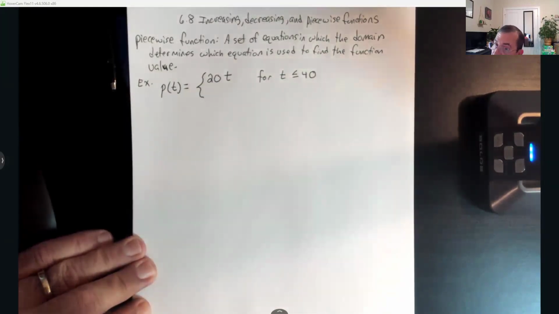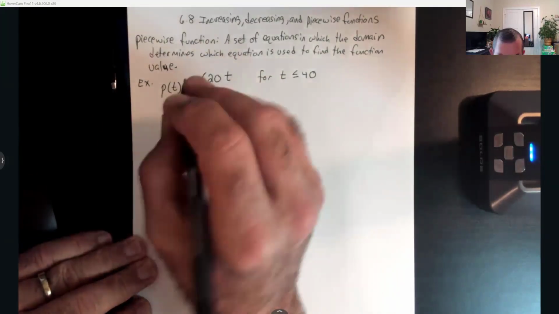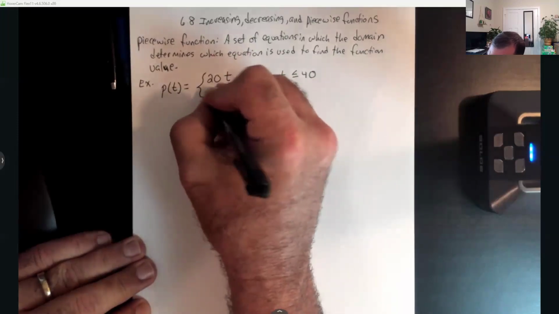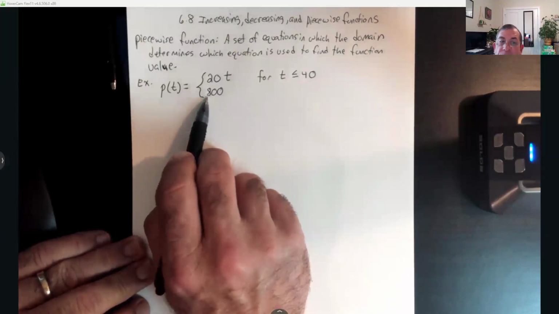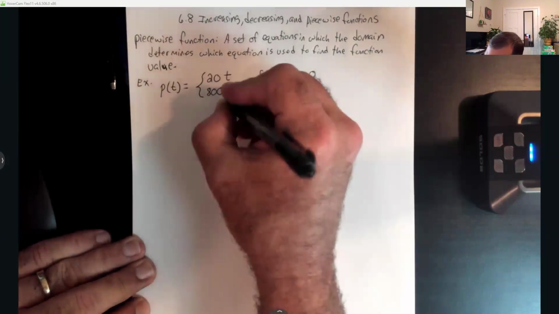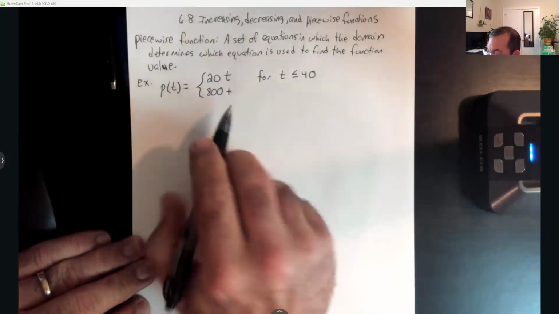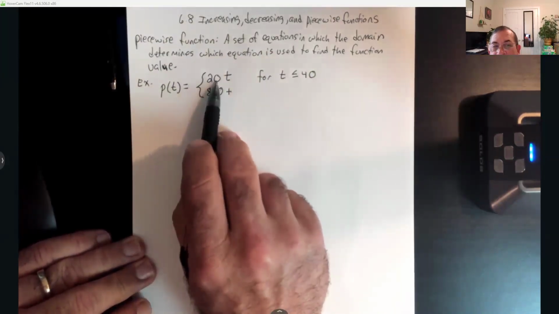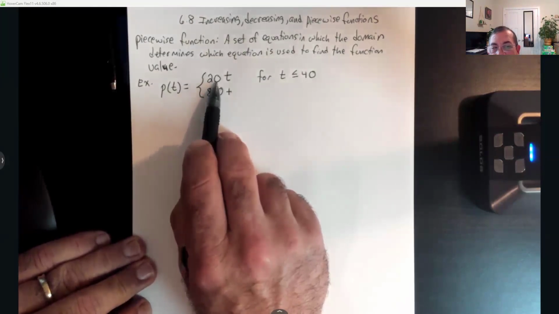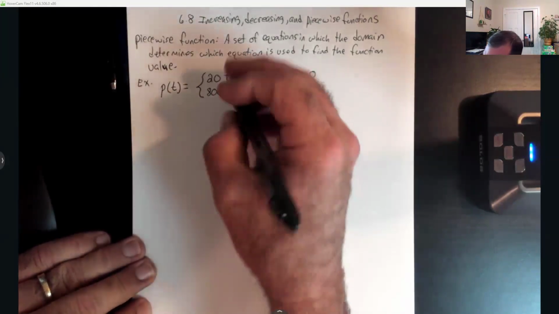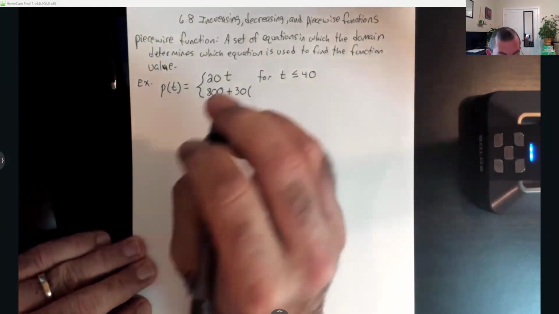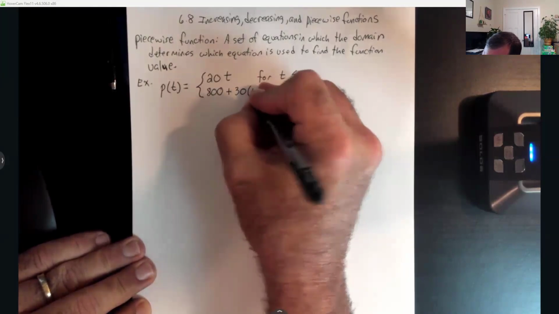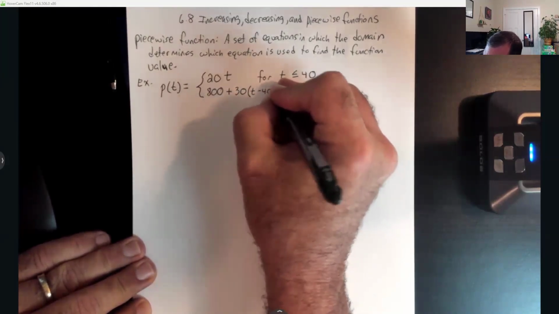Now, say I work more than 40 hours. The equation for pay would be 800, because that would be $20 an hour at 40 hours. So you'd get that 800, plus you'd get your overtime. Well, overtime is time and a half. So time and a half times 20 would be $30 an hour. And then that would be your T minus 40.